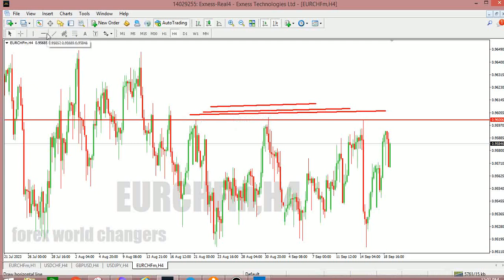Knowing that there's a lot of stop loss, they have to take it off and then go in the right direction. So let me just delete here. What will happen is they're going to trigger all this stop loss. A lot of people who have stop loss at this point are going to be triggered out.